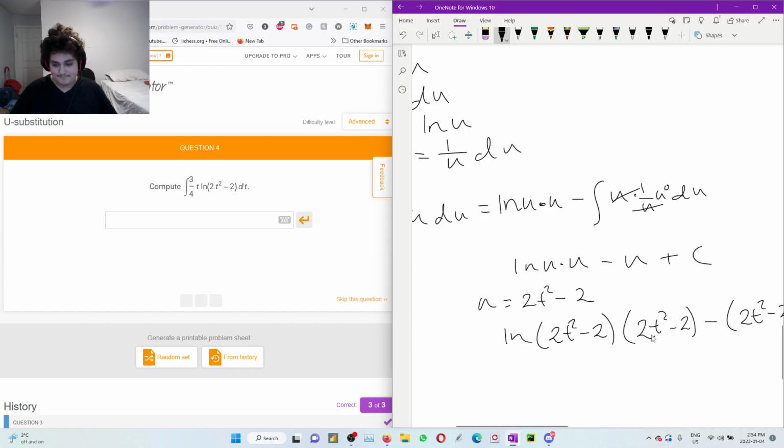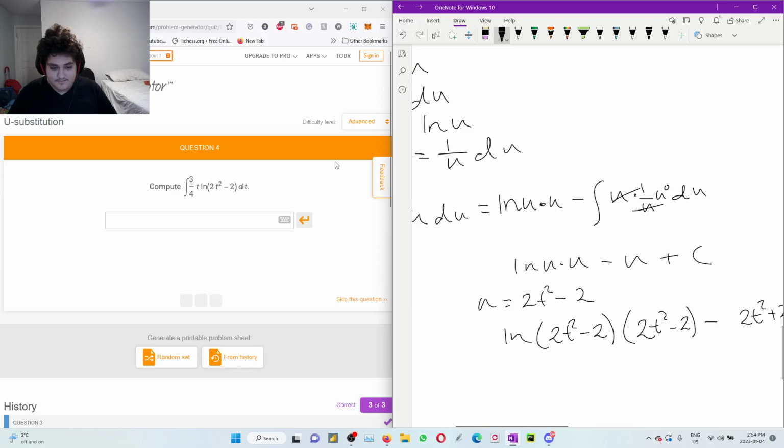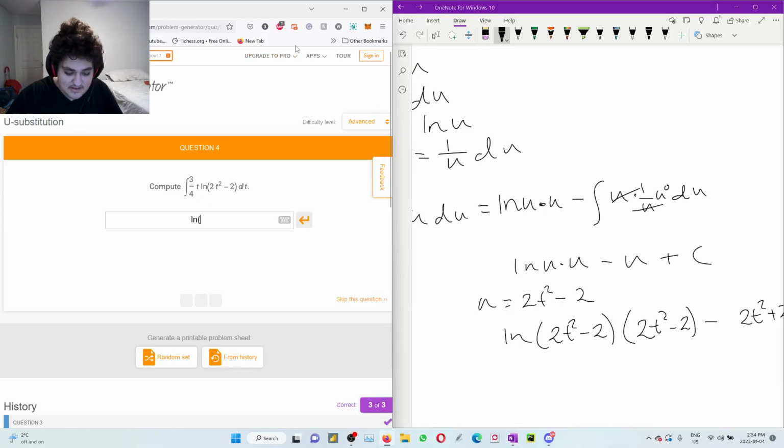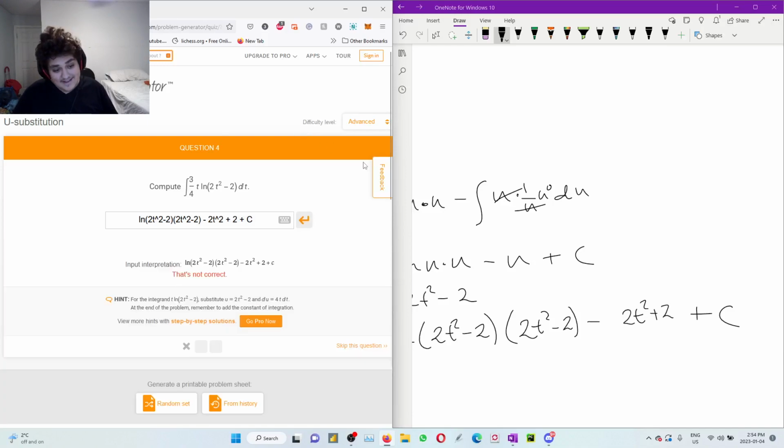Okay. I guess, fine. Make this a plus. I can write it like this. Alright. I'll type it as fast as I can. Squared minus 2, minus 2t squared, plus 2 plus c. That is not correct.